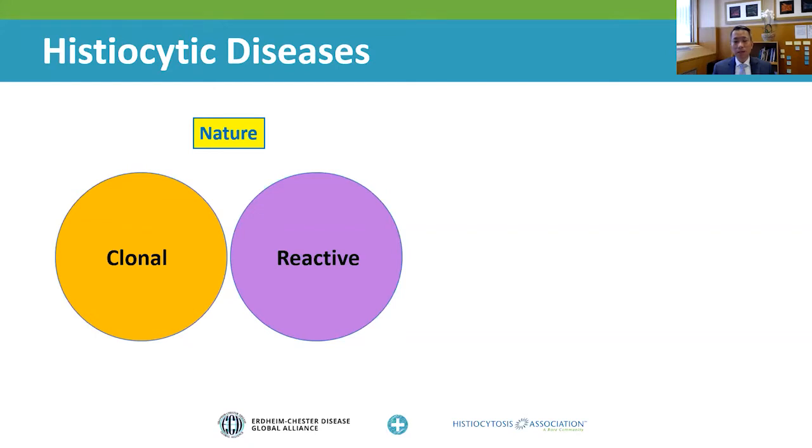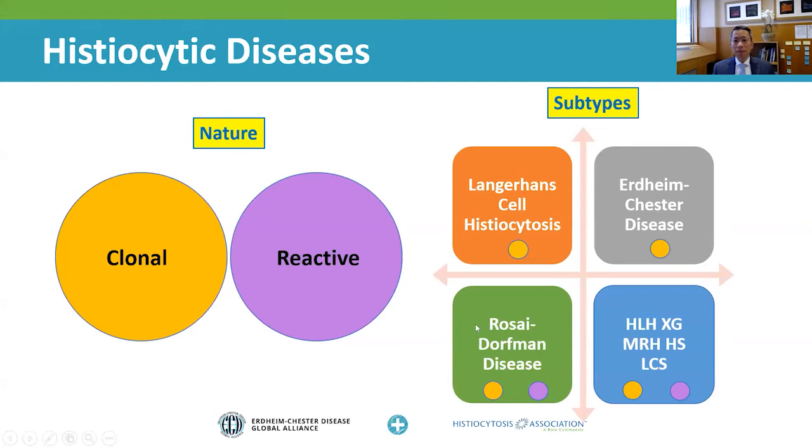If you look at the major subtypes, the big three are LCH or Langerhans cell histiocytosis, Erdheim-Chester disease, and Rosai-Dorfman disease. These big three histiocytic conditions are primarily clonal in nature. However, with Rosai-Dorfman disease, we believe a substantial proportion of patients may have a reactive element wherein we are unable to find a clone.